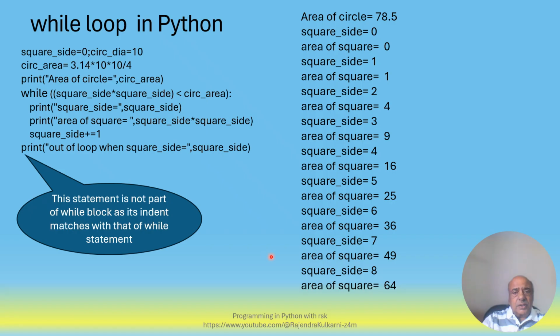When square_side reaches 9, the area of the square will be 9 into 9, square side into square side, which is more than the area of the circle, 78.5. The loop will terminate. Out of the loop when square_side is 9.